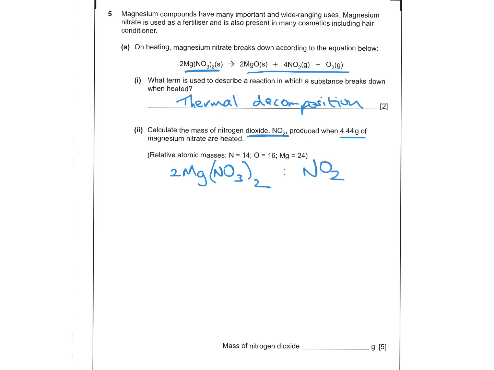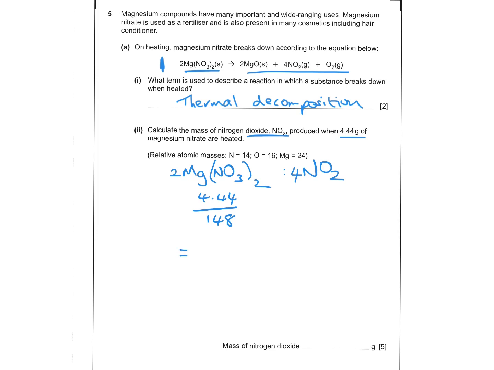And you can see from the original equation up at the top, it's a 2 to 4 ratio, so 1 to 2. The first thing I do is work out the number of moles of magnesium nitrate. So that's going to be 4.44 divided by the RFM of magnesium nitrate, and that is 148. Remember, you do not use this 2 to work out the RFM. That's just to work out the ratio of moles.